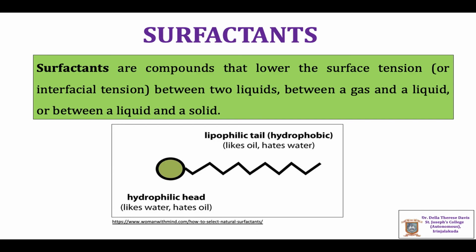Now let us discuss about surfactants. Surfactants are compounds that lower the interfacial tension between two different phases. Can be between two liquids, between a gas and a liquid, or between a solid and a liquid. And soaps and detergents are good examples of surfactants.